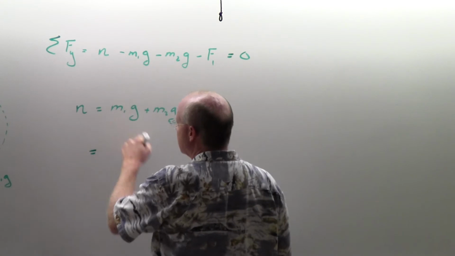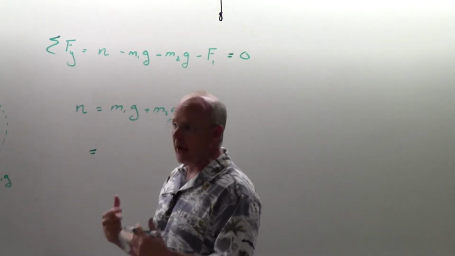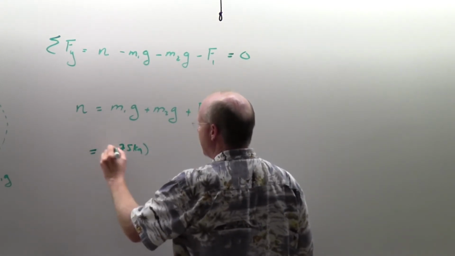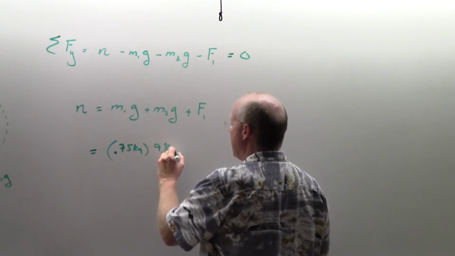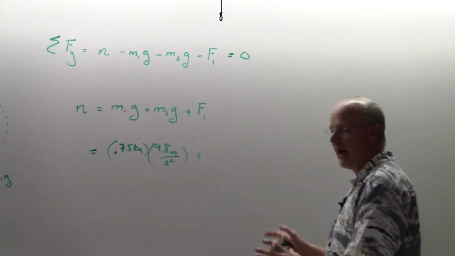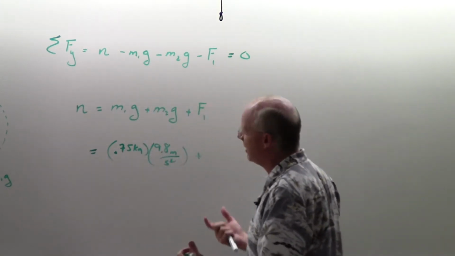Because these two pieces, I think you can handle. This isn't that tough. This is the weight of the bucket. So that's just 0.75 kilograms times 9.8 meters per second squared. So that's the weight of the bucket. That's the simpler one. Now, the weight of the water maybe is a little bit harder, but certainly not overwhelming.